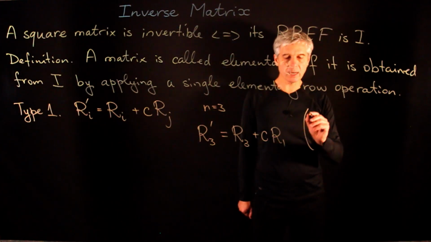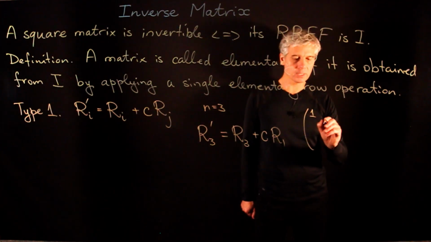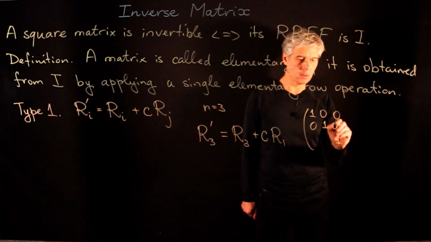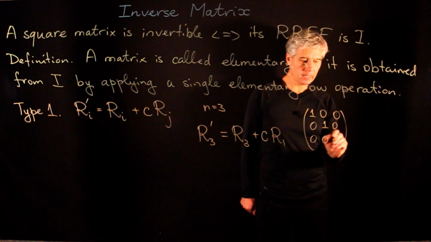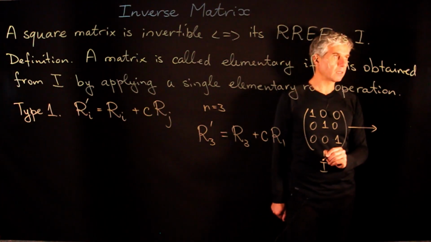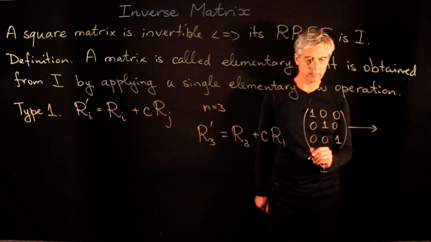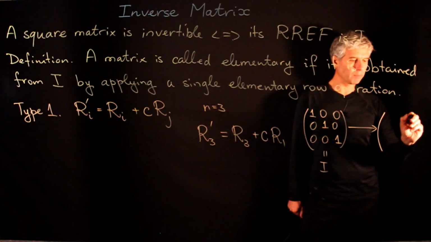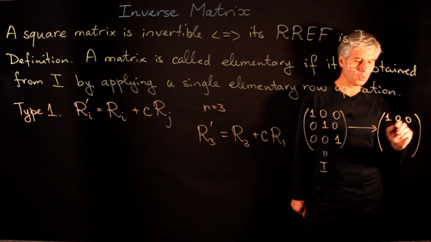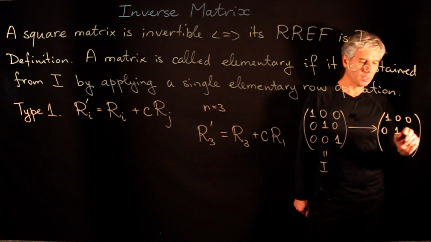Well, we start with identity matrix of size 3 by 3. And so this is identity. And we apply this particular elementary row operation. So the first two rows are unchanged. So we have 1, 0, 0, 0, 1, 0.